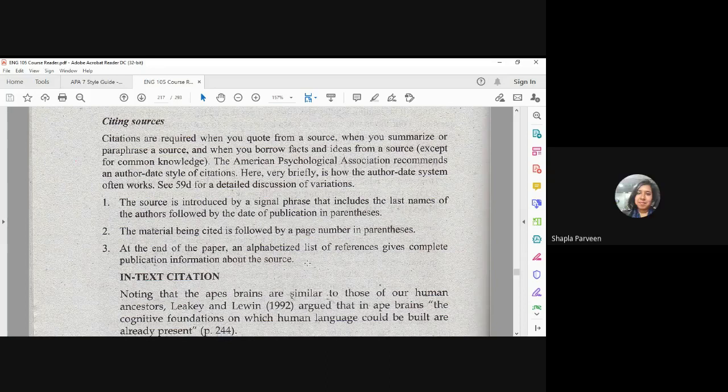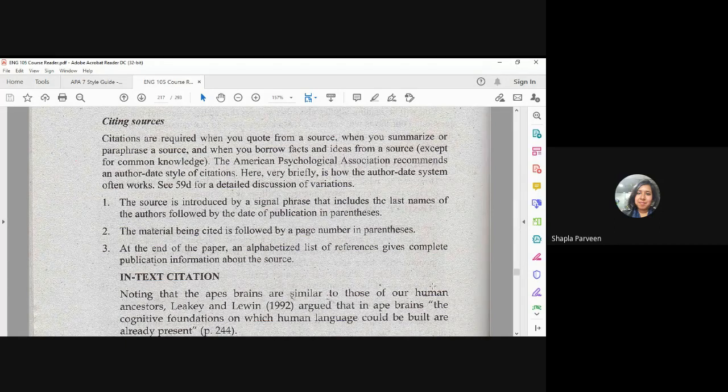Yes, the lead author. So the first author's name comes first because he or she has made more contribution in writing that paper than the other authors. That's why the first author's name is very important, and that's why you cannot change the order of the names at all. So you need to remember that. All right?